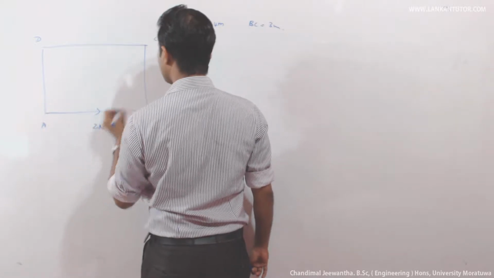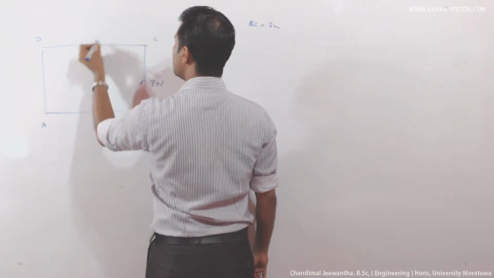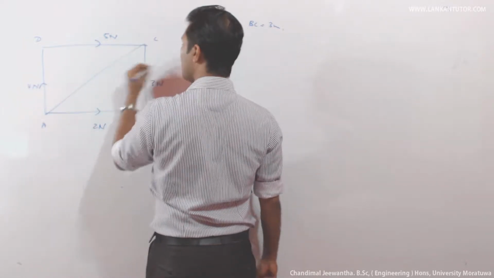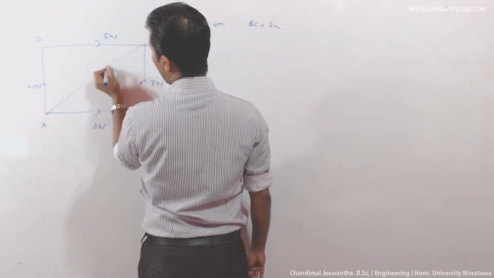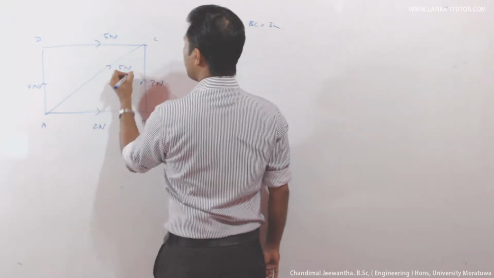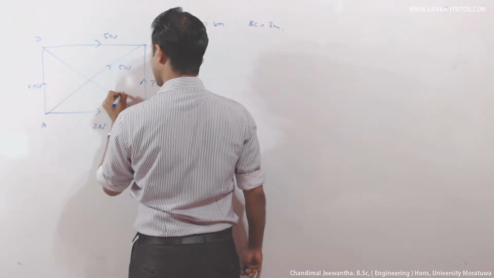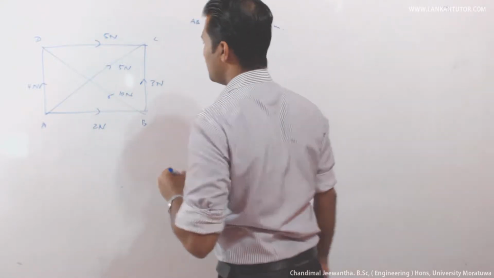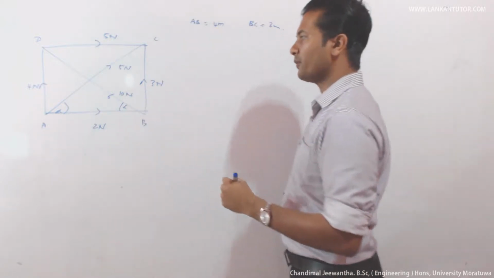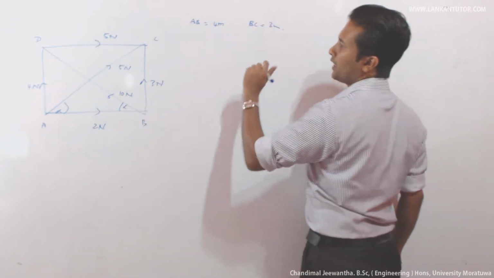These forces are 2 newtons, 3 newtons, 5 newtons, 4 newtons, this is 5 newtons and 10 newtons. You can take this angle as alpha each. It could not be 45.